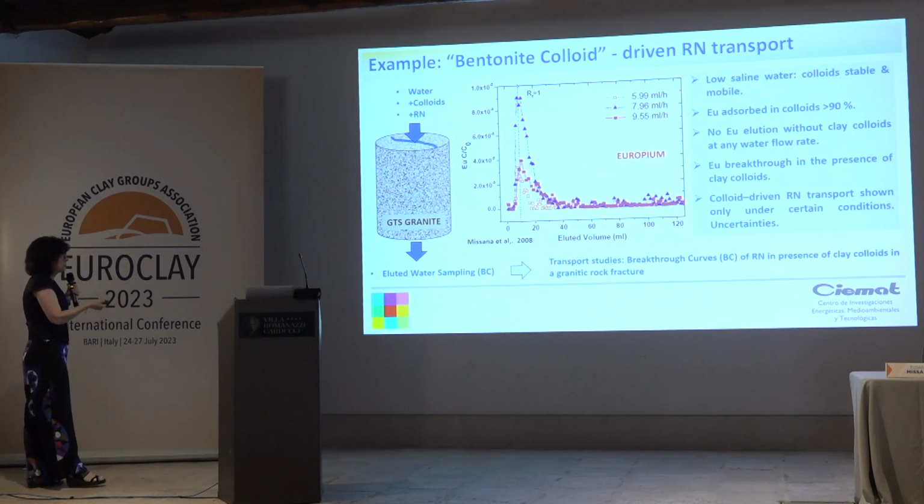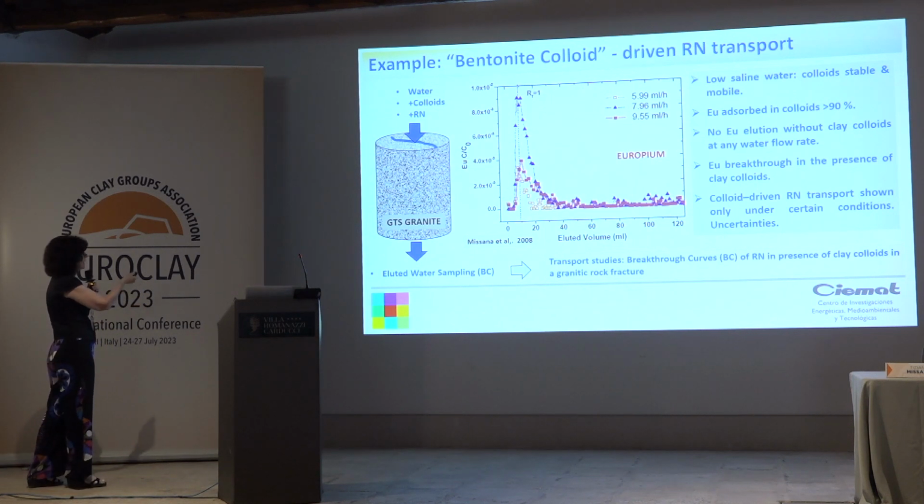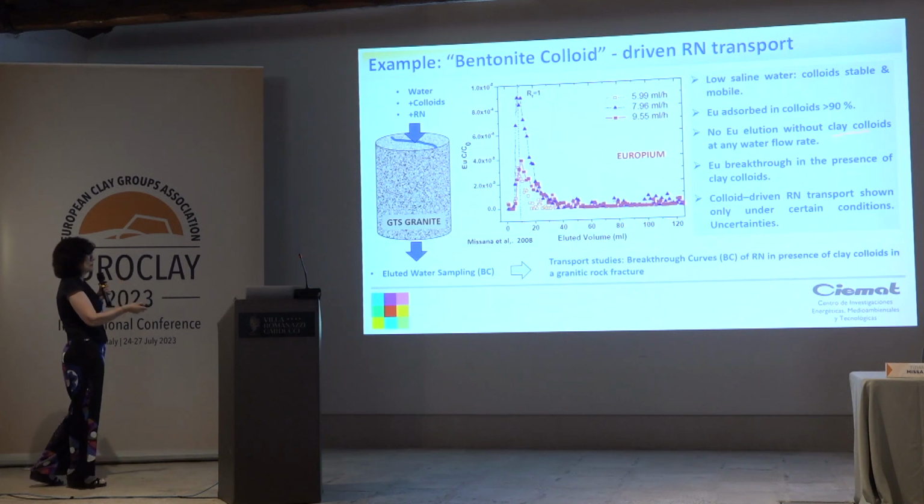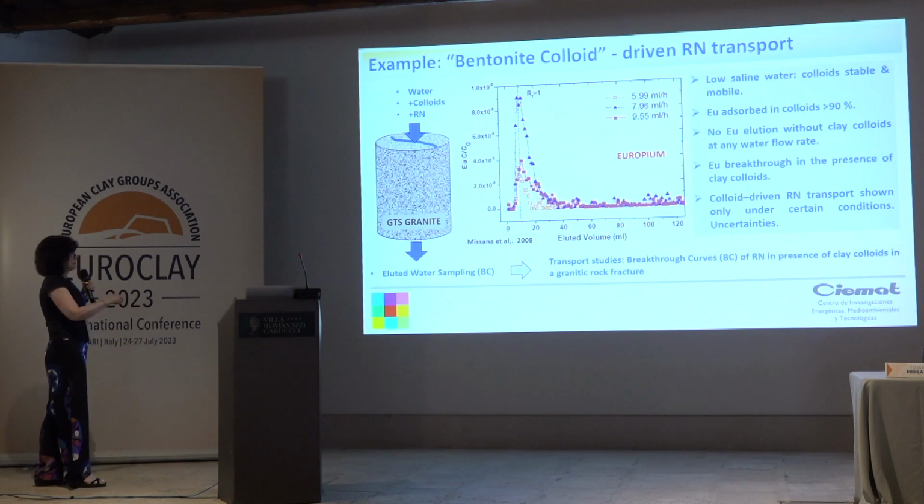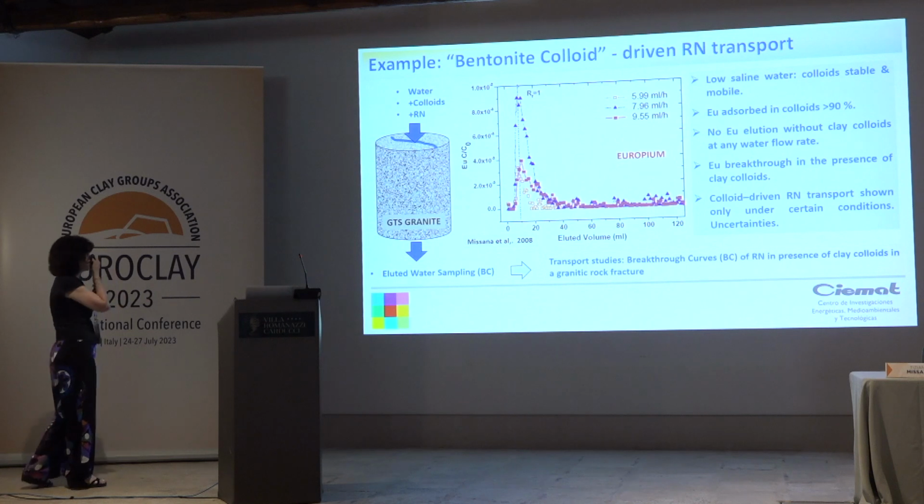It is interesting to observe that when we introduced only the radionuclide, we never observed breakthrough of the europium at the applied flow rate. But in the presence of clay colloids, we observed europium breakthrough with a retardation factor of 1, so at the same velocity as the water.